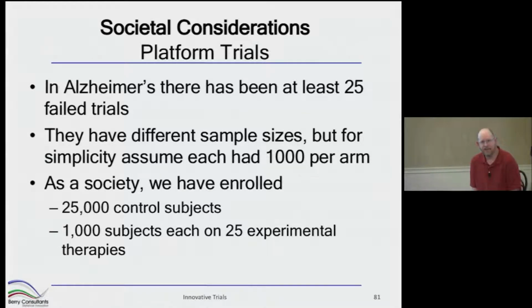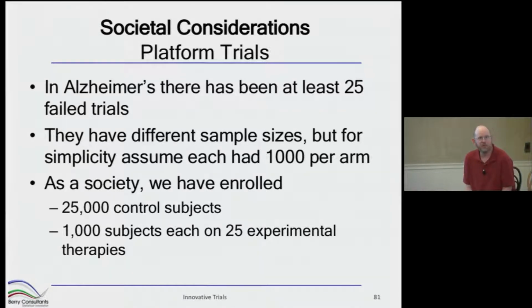What's happened is, I have an example here, 25, there's been more than 25. But as a society, what we've done is we've invested 50 to 100,000 patients in Alzheimer's. We've failed over and over and over again. And we've invested 1,000 to 2,000 patients in each novel treatment, and we've invested 25 to 50,000 patients under control.